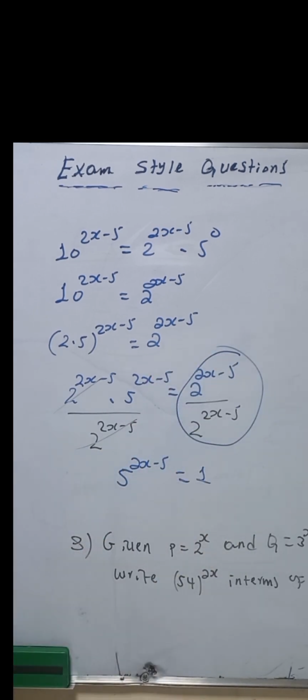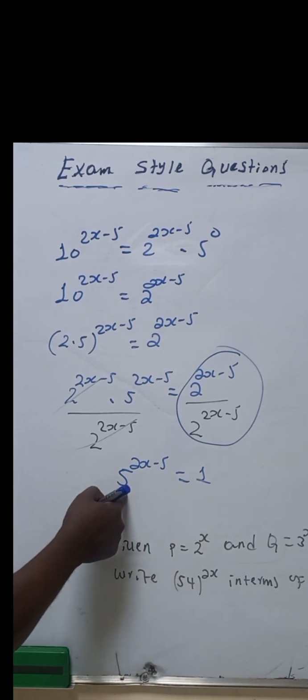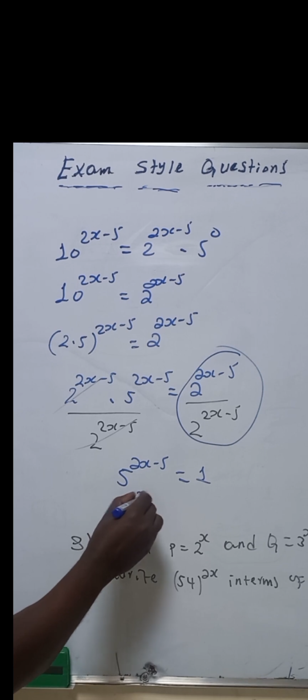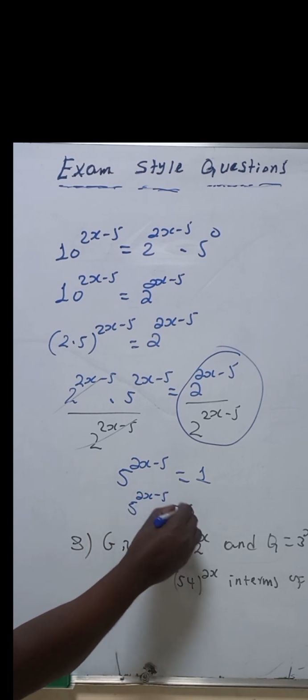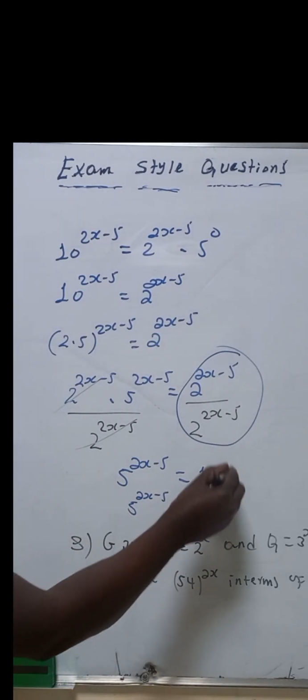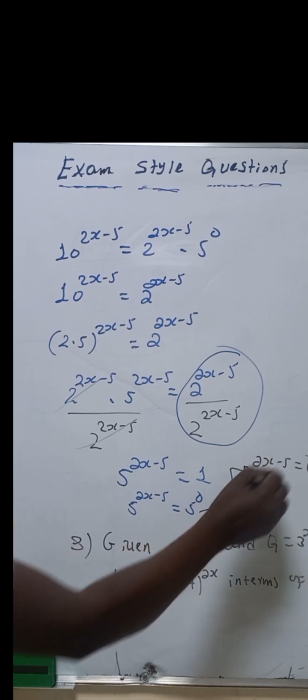This is perfectly 1. So 1 you can write as 5 to the power of 0. So 5 to the power of 2x minus 5 is equal to 5 to the power of 0. So they have the same base, and now you can equalize their exponents. This implies that 2x minus 5 is equal to 0.